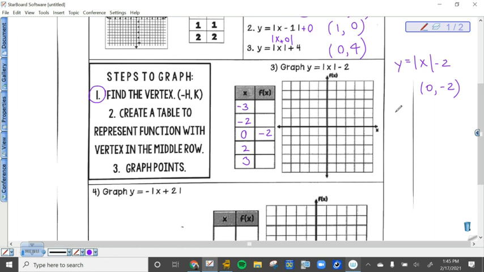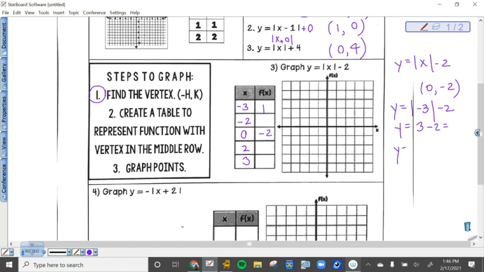So for -3, that would be y equals the absolute value of -3 minus 2. What's the absolute value of -3? 3. Absolutely. So 3 minus 2 equals 1. How about -2?